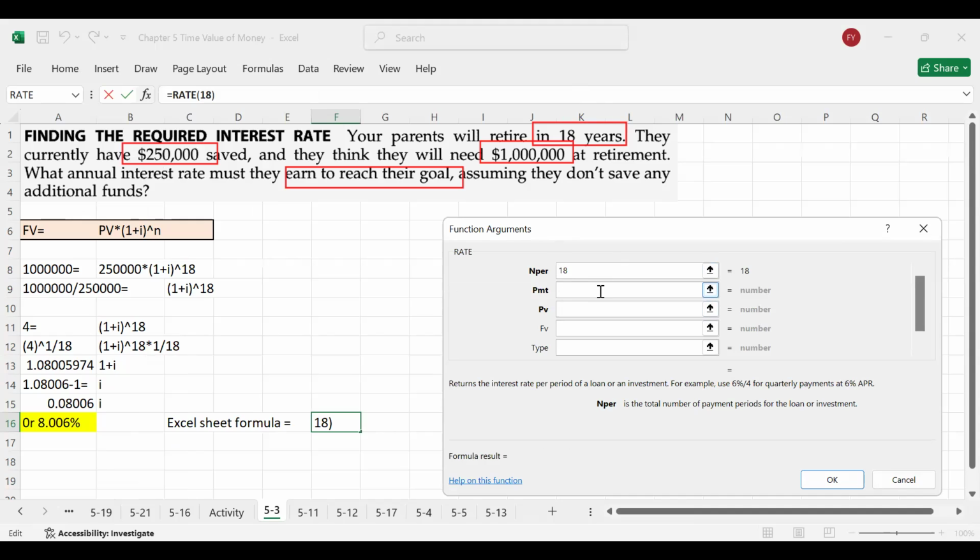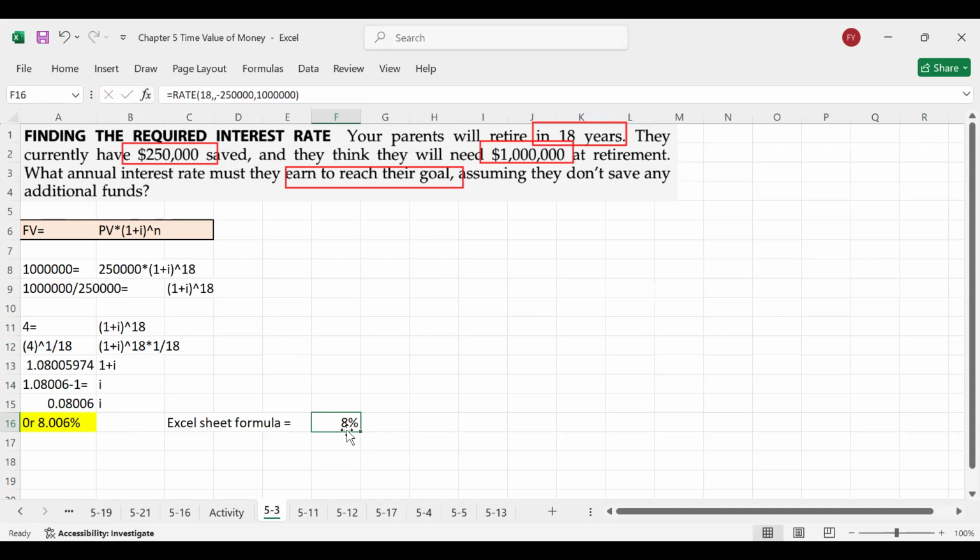We don't have payment. Payment means equal payment, each payment or monthly payment or periodical payment. We don't have that in this particular situation, but we have just present value, which is $250,000, and future value, which is 1 million. So that's it. You can see the answer is the same, 8%.